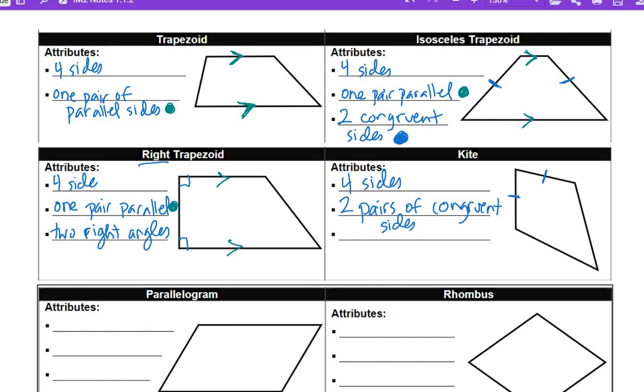And now we get into single and double tick marks. The double tick marks are congruent to one another, and the single tick marks are congruent to one another. And opposite angles are congruent.